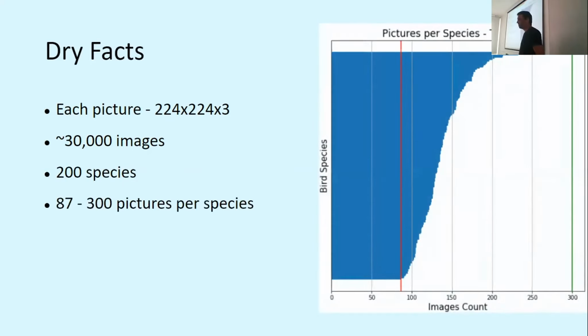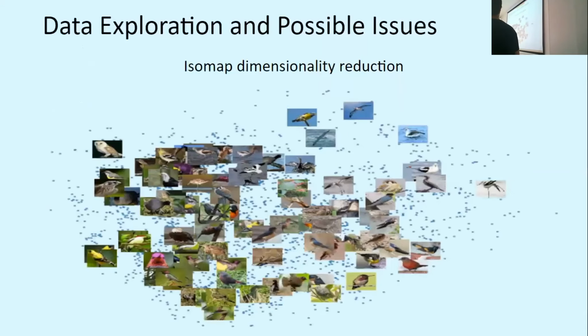And what you didn't see yet is that the minimum number of pictures per species was 87. I had no sense back then if that's enough, but it's not like there were species with 10 pictures. So it seemed like a good and robust data set.